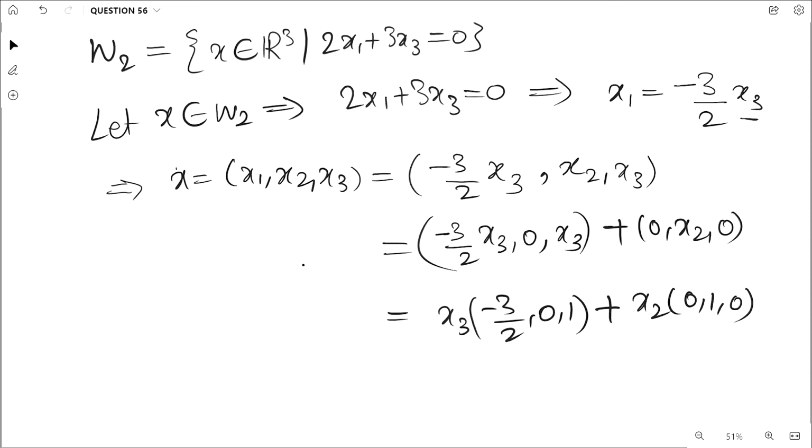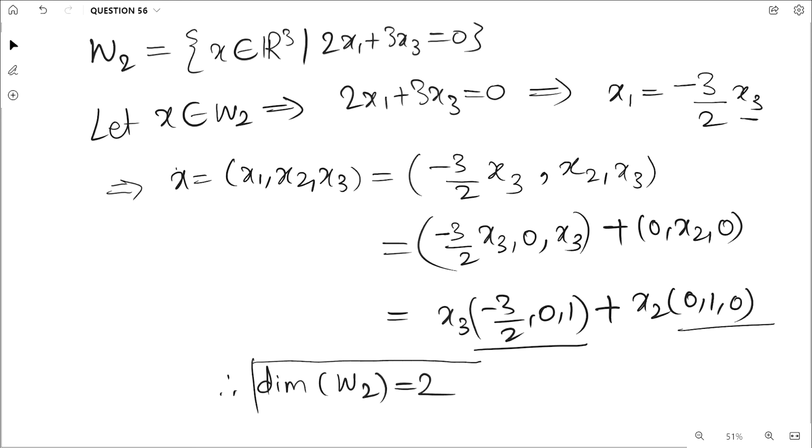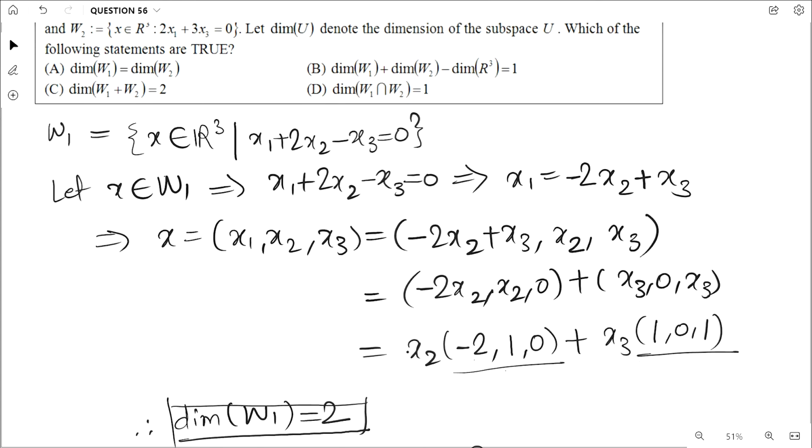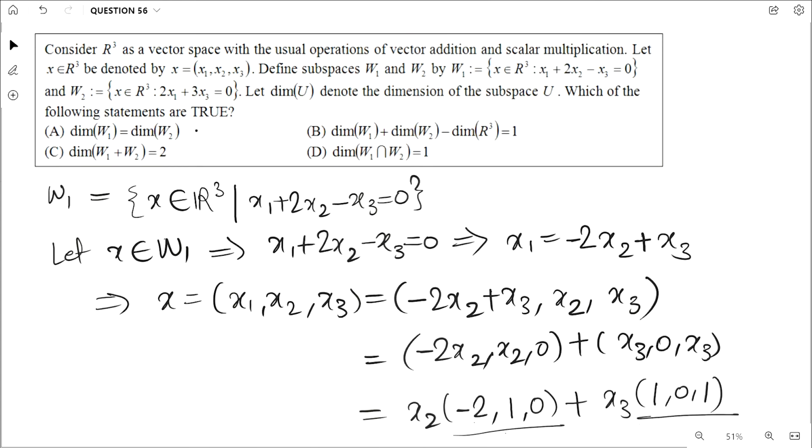So this means that W2 is the span of these two vectors. Also, these two vectors are linearly independent, so they form a basis for W2. Therefore, the dimension of W2 is also 2. Thus, the dimensions of W1 and W2 are equal. Therefore, option A is true here.